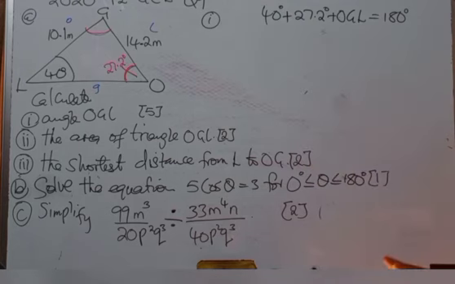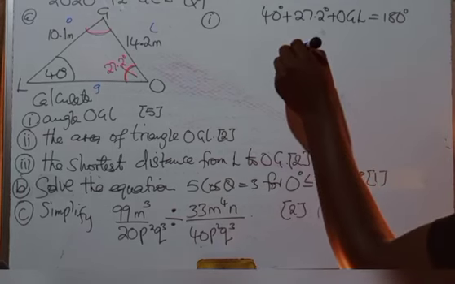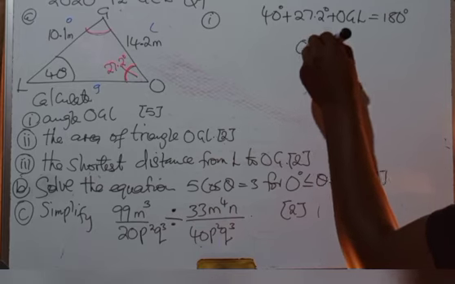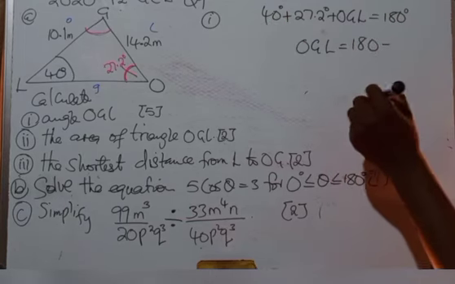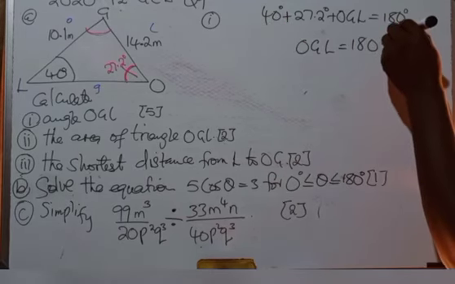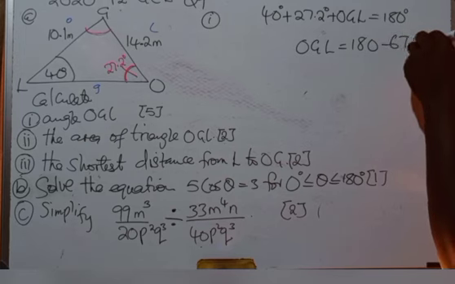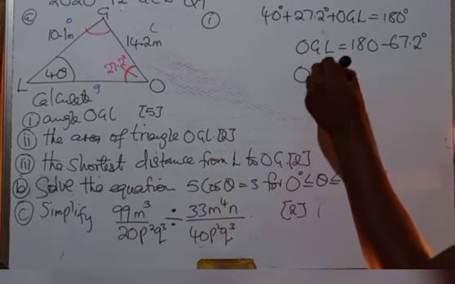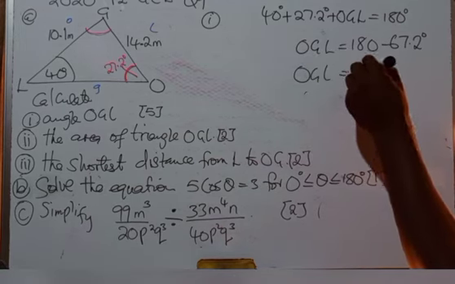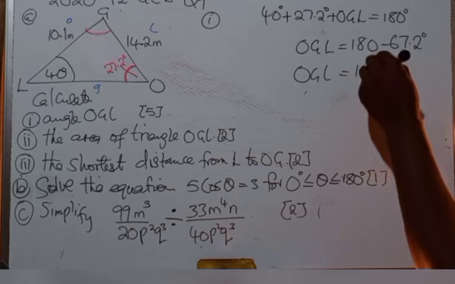So OGL is equal to 180 minus 67.2, since 40 plus 27.2 is 67.2. The answer we have for OGL is 112.8 degrees.